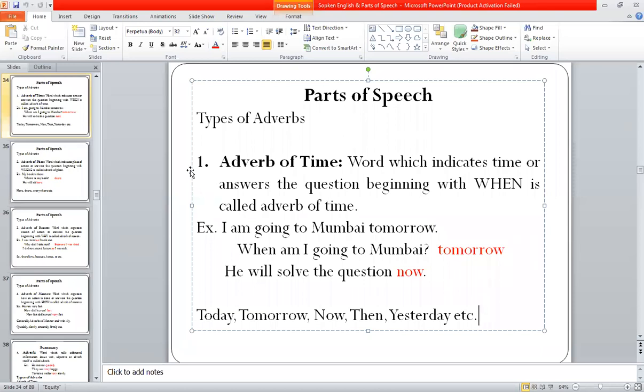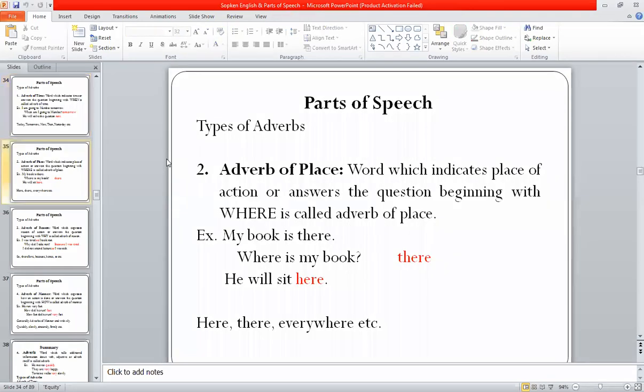So in the last lecture, what we have seen, we have studied about adverbs. How many types of adverbs are there?